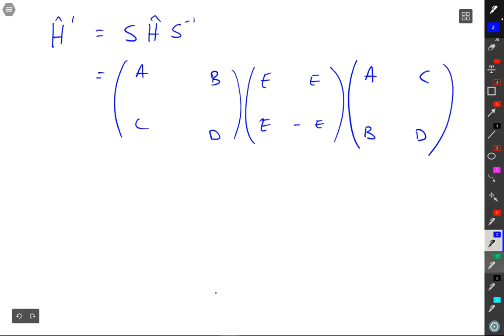So now we have to do the matrix multiplication. The reason I'm continuing on is because you have to see how this goes. If I'm going to multiply these matrices, I'm first going to multiply these two matrices. So what's the process for multiplying the matrix?